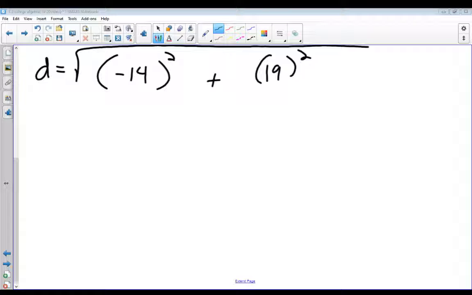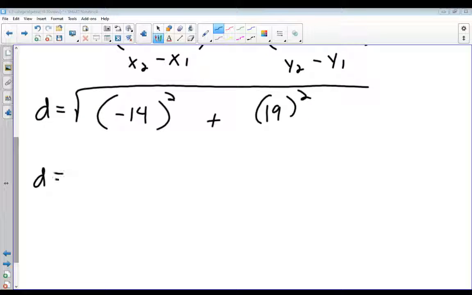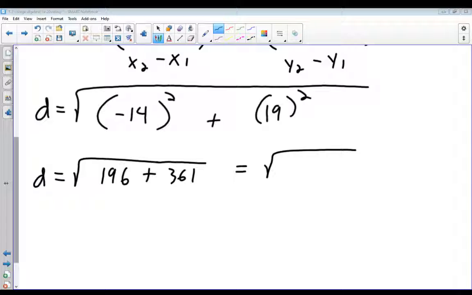Give me a second. So now I gotta do 14 squared, which should give you 196. And then 19 squared is going to be 361. Then just add those two numbers together, and you should get the square root of 557.